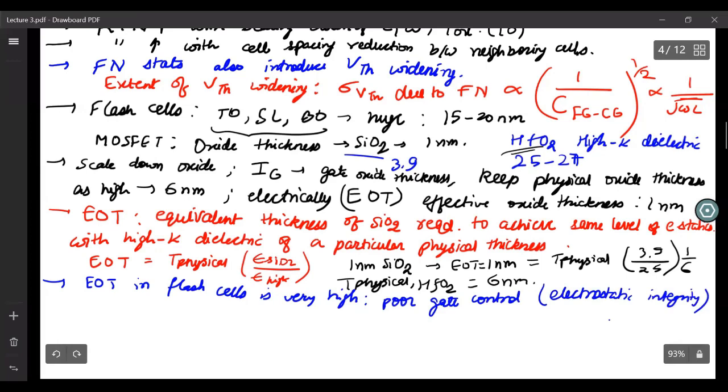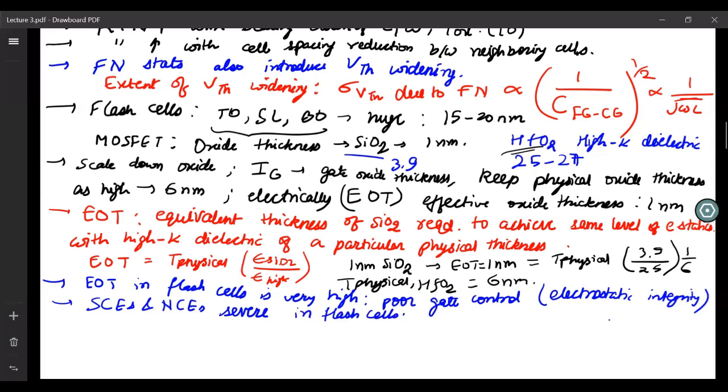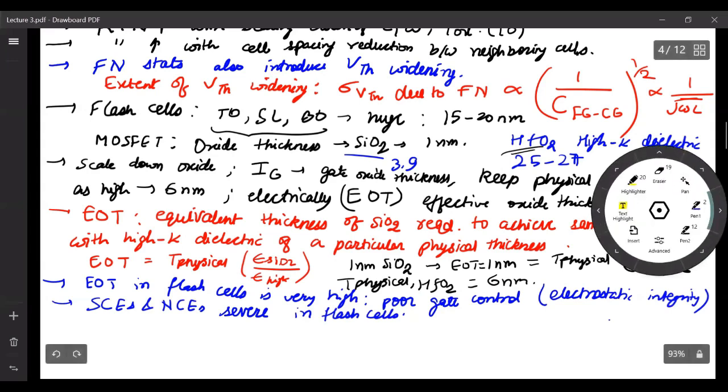And because of this, your short channel effects and narrow channel effects will be severe in your flash cells. As you reduce your gate length or channel length in your flash cells, even your short channel effects will be very severe, even worse than your usual MOSFET cells. Why? Because your effective oxide thickness is really high here, so your gate control is already very poor.